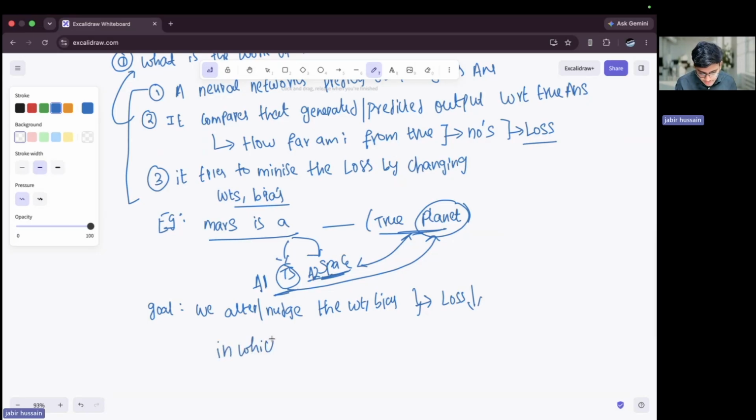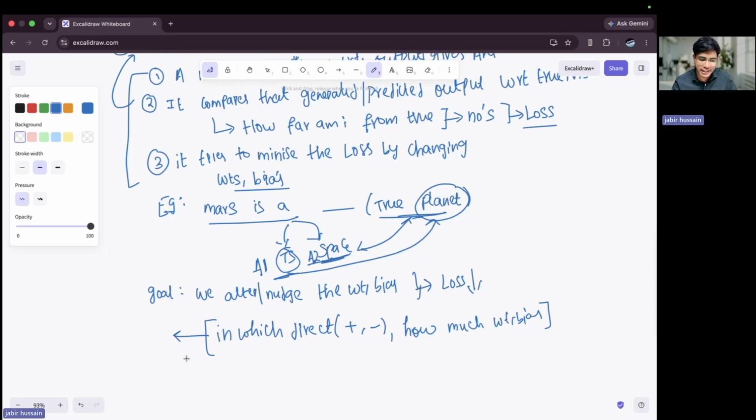Should we increase or decrease our weights, and how much do we need to change them to exactly sit on top of the right answer? How much do we need to change our weights and biases? This question, in which direction and exactly how much, is answered by a derivative, a rule which we have studied in 11th class, 12th class, I think in high school as well, when we study differentiation.